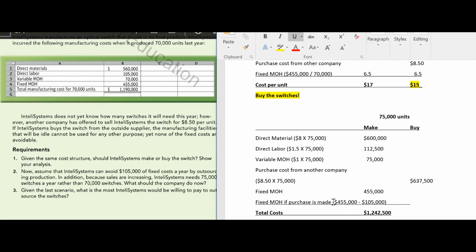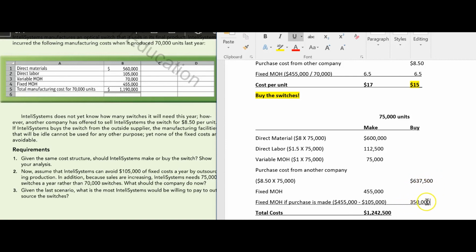If you subtract 105 from 455, it will be $350,000. So under the buy option, your total cost will be the purchase cost of those 75,000 switches, which is 637,500, and your fixed overhead cost of 350,000.